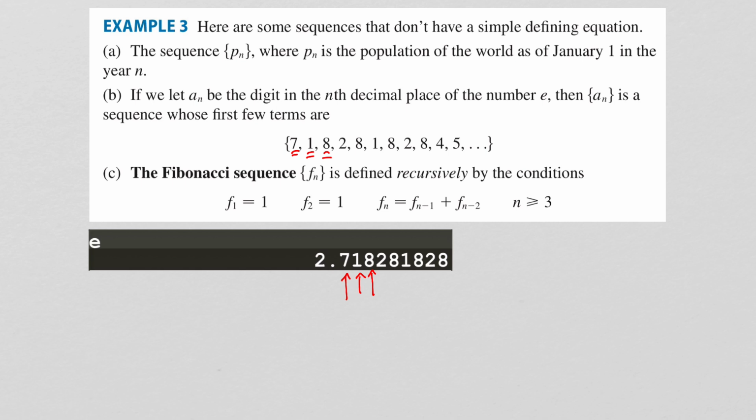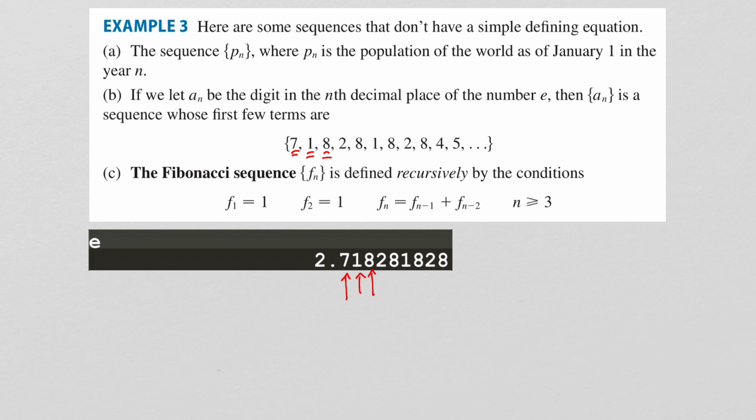And you can see that the sequence that we have here is definitely following this pattern. Now, this sequence actually has a couple of additional decimal places that my calculator does not show. But here's the thing. Even though this is a well-defined sequence, you don't know what the next number is unless you happen to know what the next digit in the decimal expansion of the number e is.